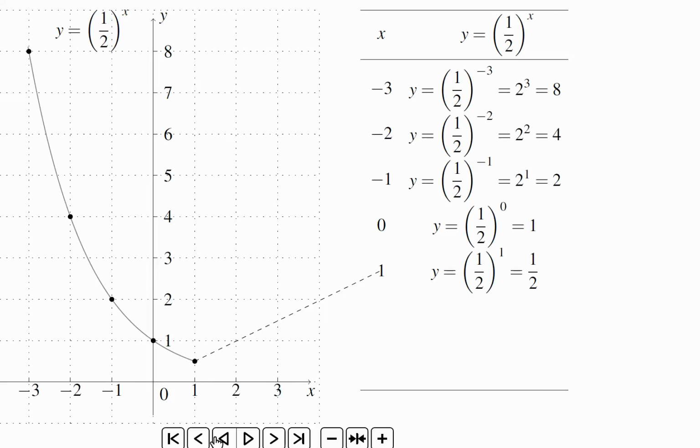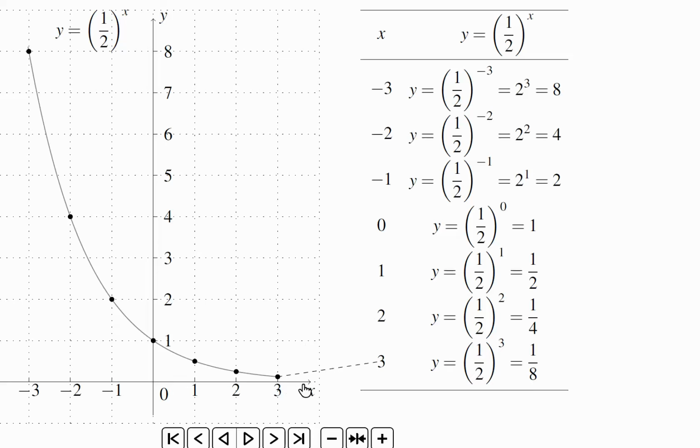And then x equals 2, 1/2 squared is 1/4, 1/2 times 1/2. x equals 3. So 1/2 cubed is 1/8. 1/2 times 1/2 times 1/2 is 1/8.